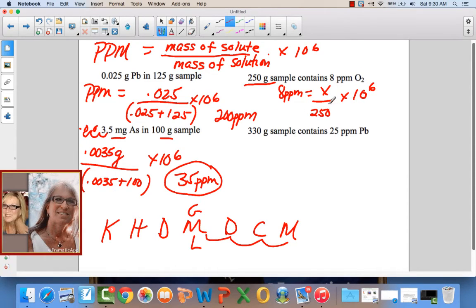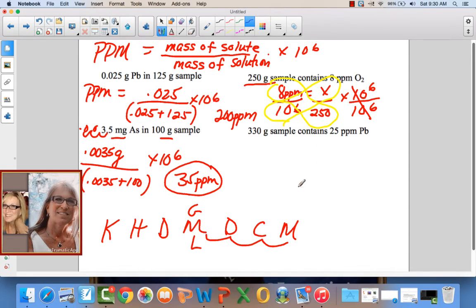Remember PEMDAS. Do we have any parentheses? No. Do we have any exponents? No. Do we have multiplication? Yes. What is the opposite of multiplication? As soon as you have a problem set up in this form, you want to divide by whatever it is that you're multiplying by. So divide both sides by 10 to the 6th. These cancel. Now you can simply cross multiply and divide. So I'm going to do this down here.